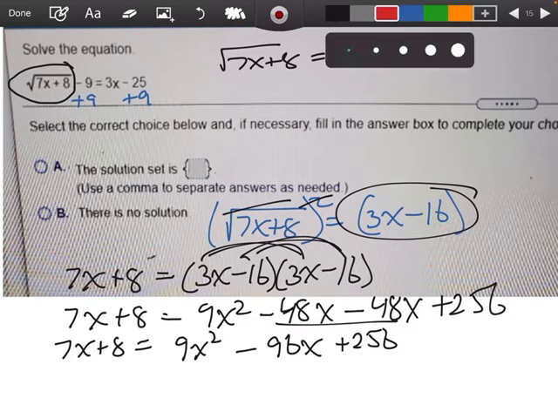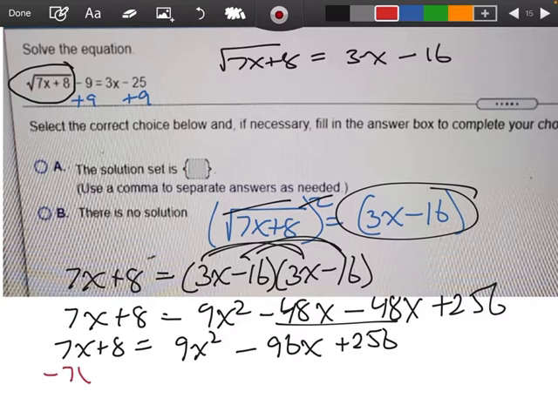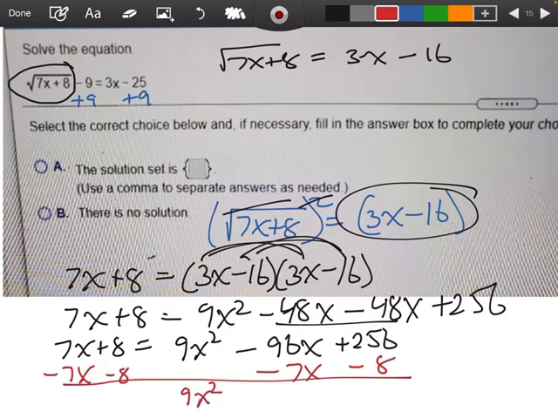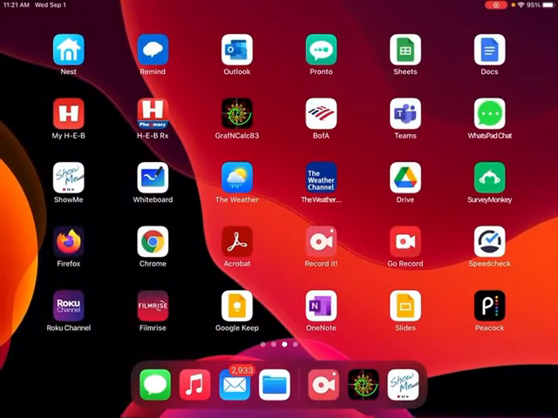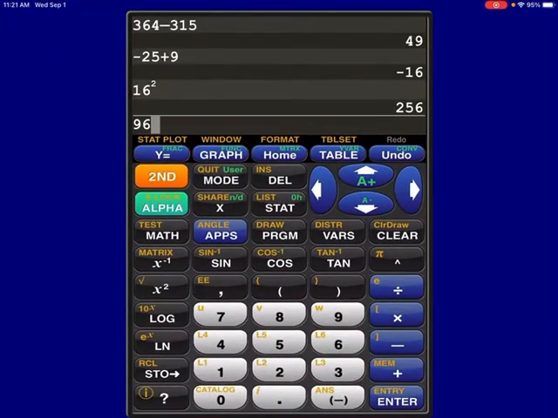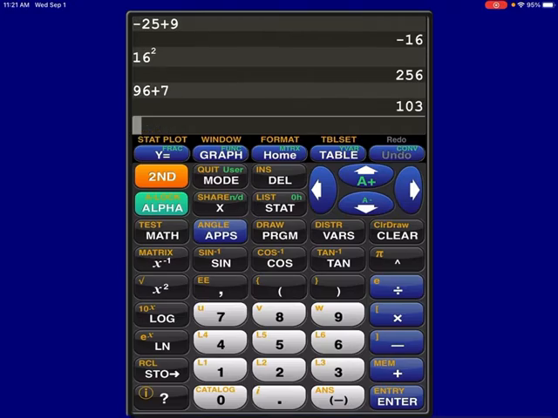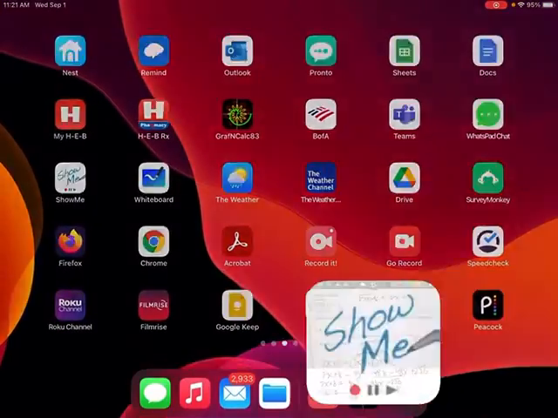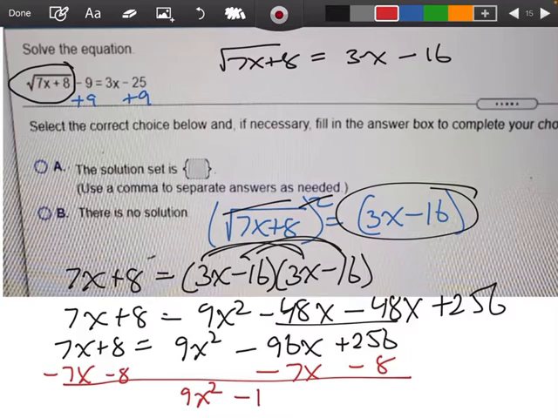Now I'm going to subtract my 7x and subtract my 8. So now we have 9x squared, and negative 96 and negative 7 are both negative, so we add them together: 96 plus 7 is 103, so negative 103x.